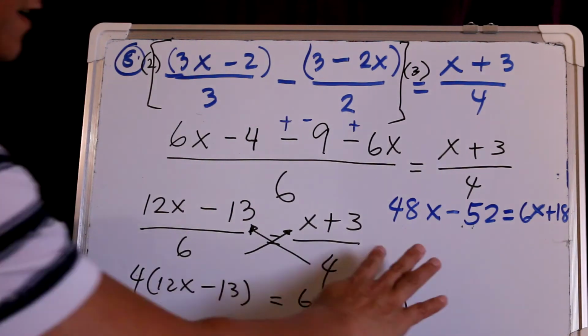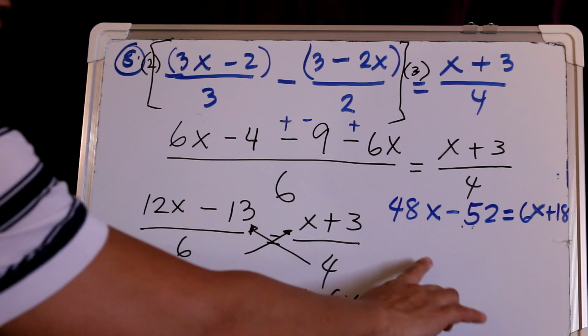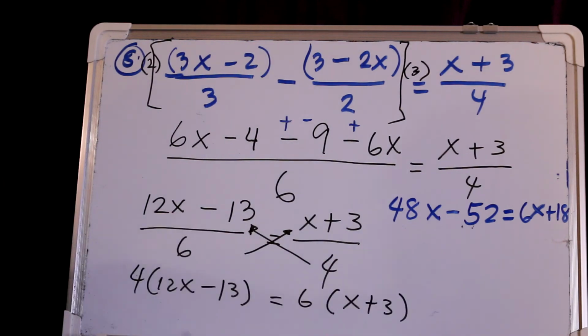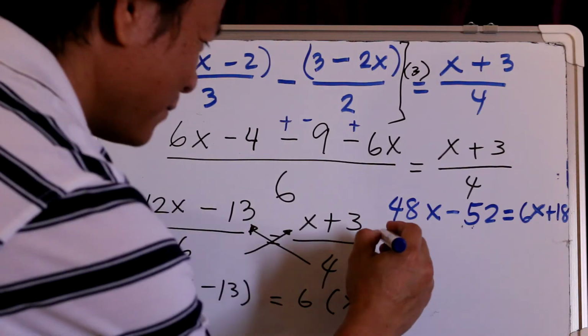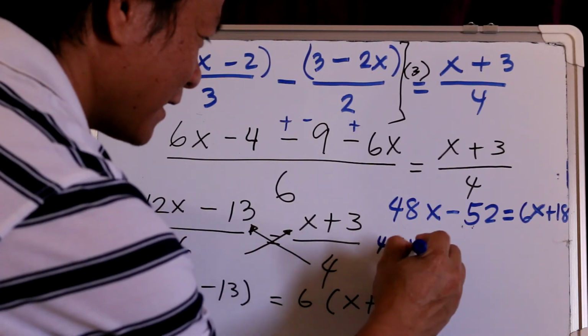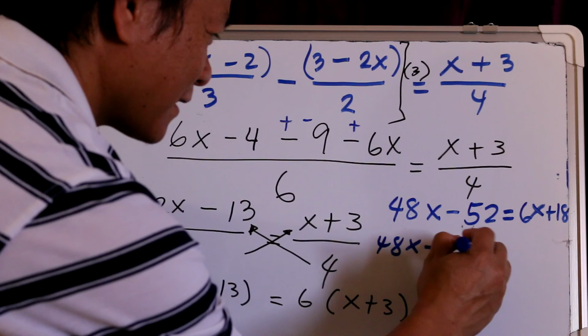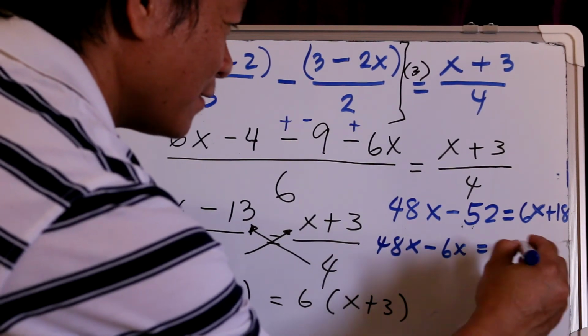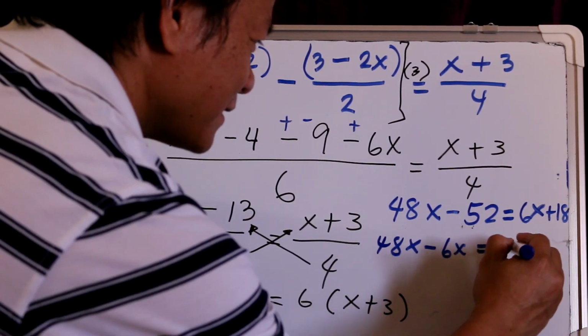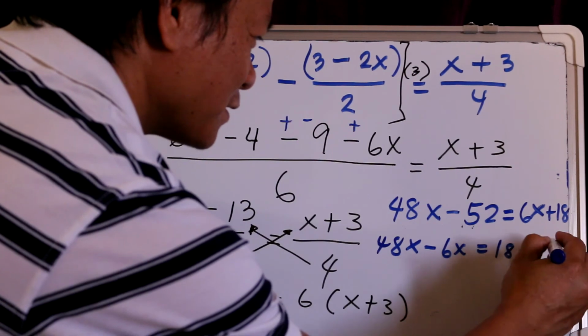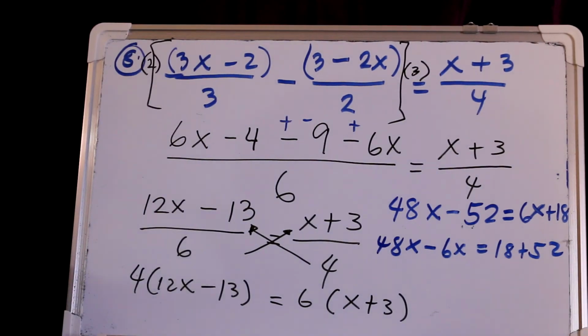I think you can still see here. So I'm just going to use the blue pen. So we will have 48x minus 6x equals 18 plus 52. Right?